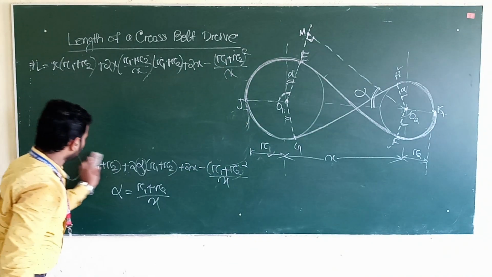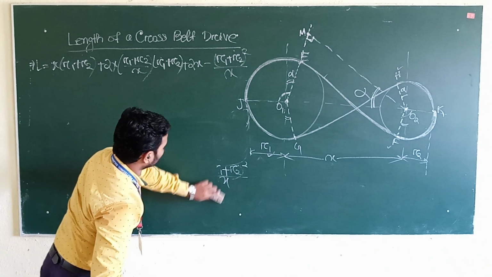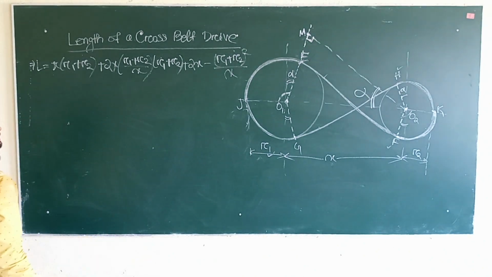So this will come after putting the value of alpha equal to (r1 plus r2) by x.